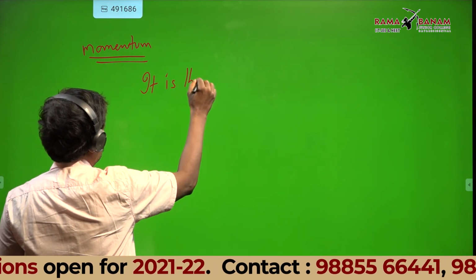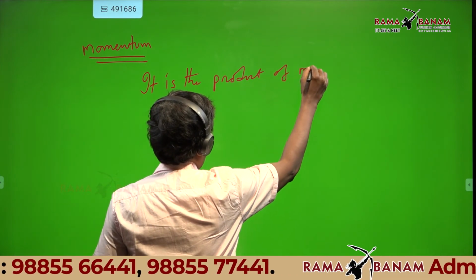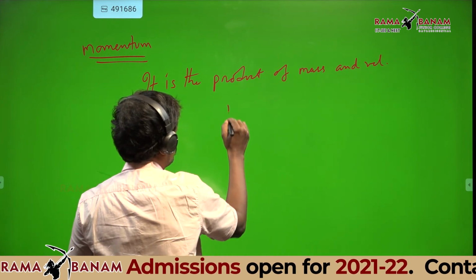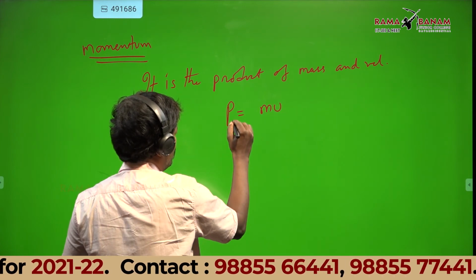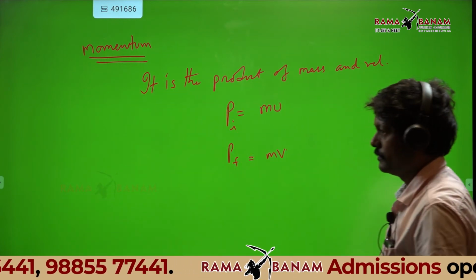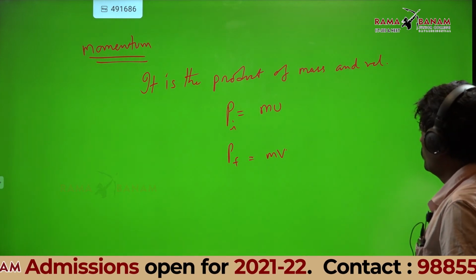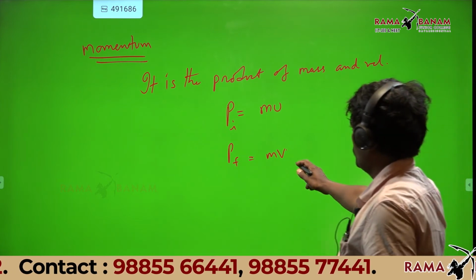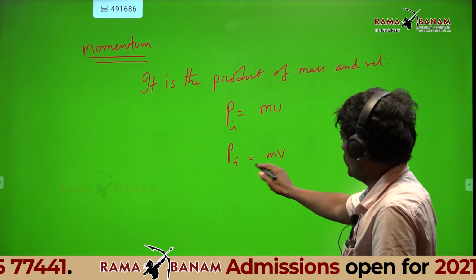Momentum is represented by P. If you want initial momentum, it is mu, with u for initial velocity. If you want final momentum, it is mv.